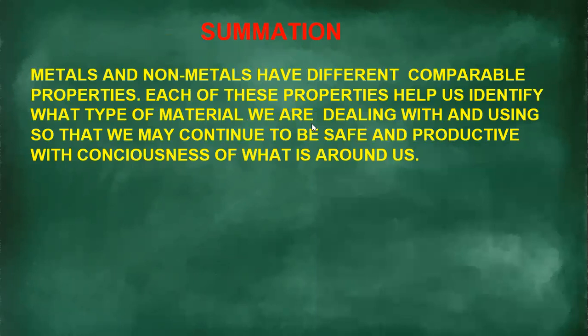What I want you to take out of this lesson for today is that metals and non-metals have comparable properties, meaning they have properties which can be similar and different to each other. These properties also help us identify which type of material we are working with, and this also helps us use it in a very effective way. Okay, thank you.